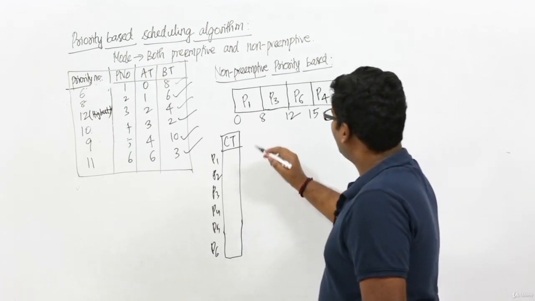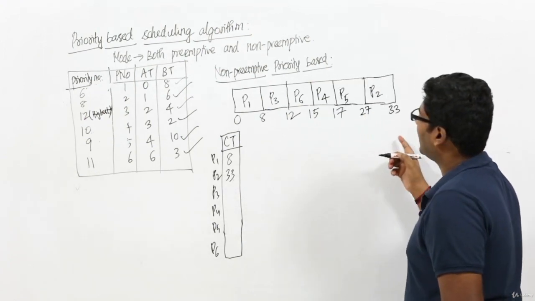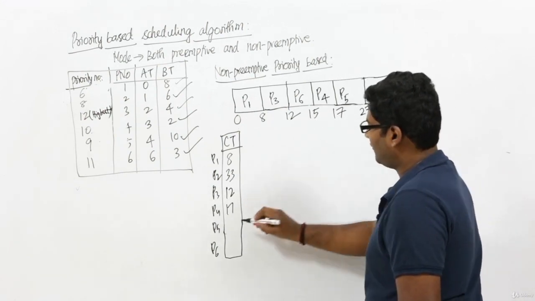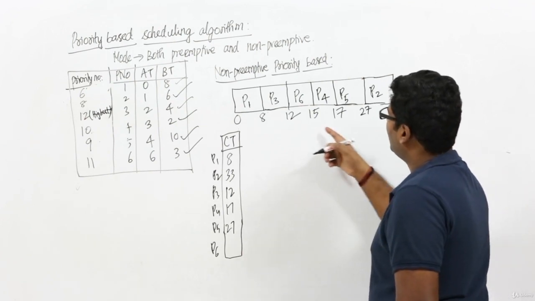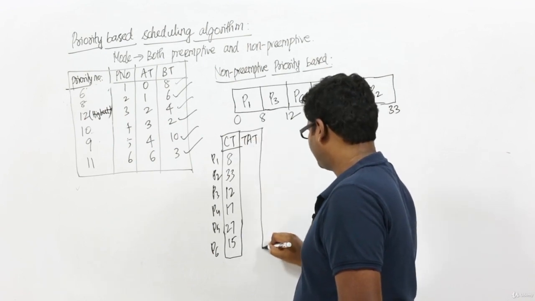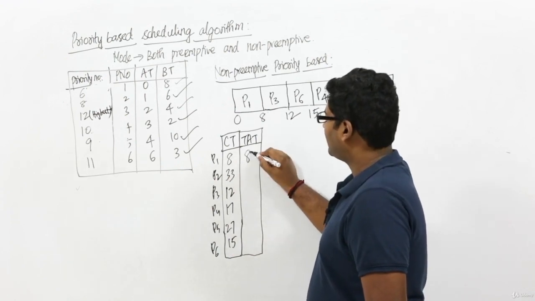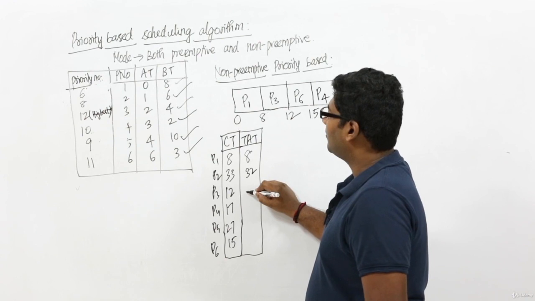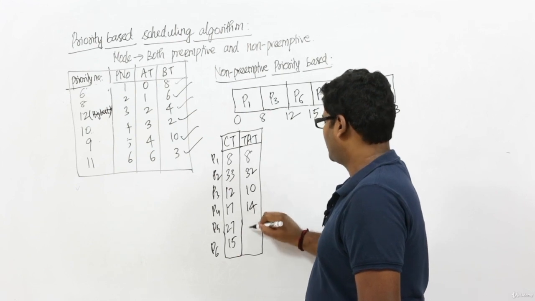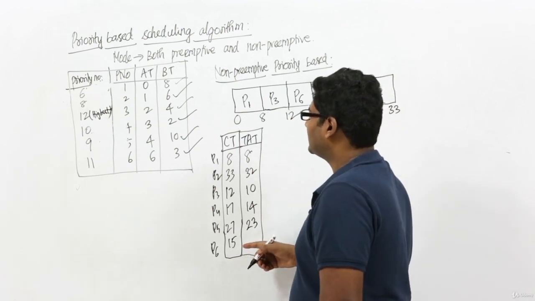Now P1 completes at time unit 8, P2 completes at 33, P3 at 12, P4 at 17, P5 at 27, P6 at 15. Now we shall compute the turnaround time, and we know that turnaround time equals completion time minus arrival time. So 8 minus 0 is 8, 33 minus 1 is 32, 12 minus 2 is 10, 17 minus 3 is 14, 27 minus 4 is 23, and 15 minus 6 is 9.